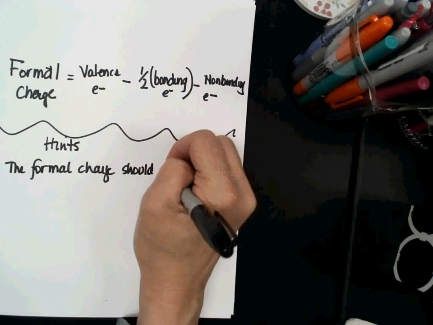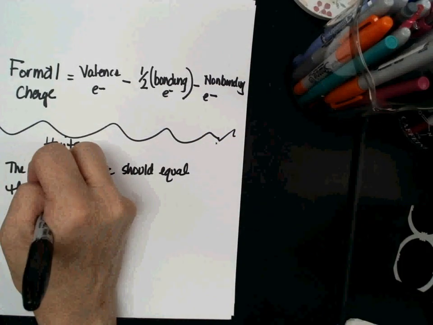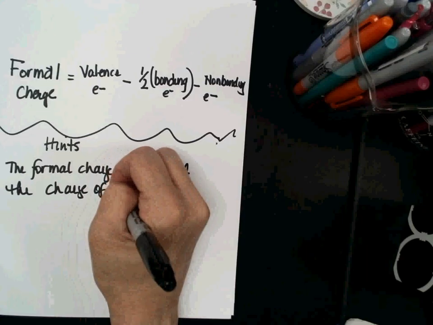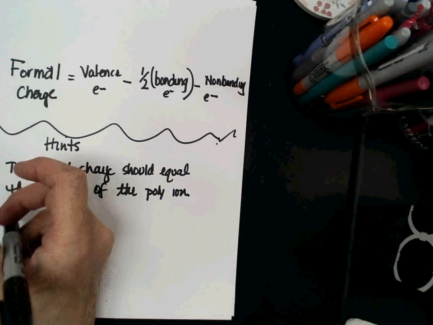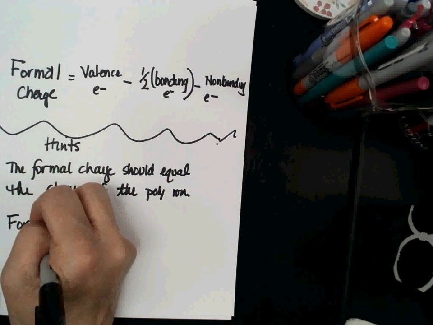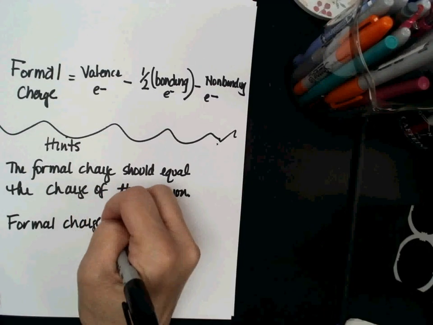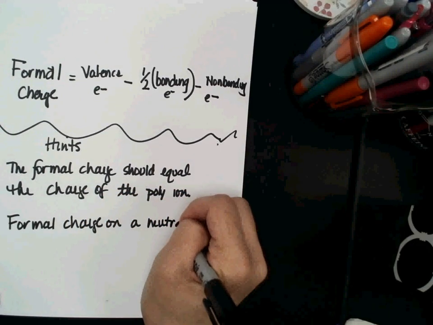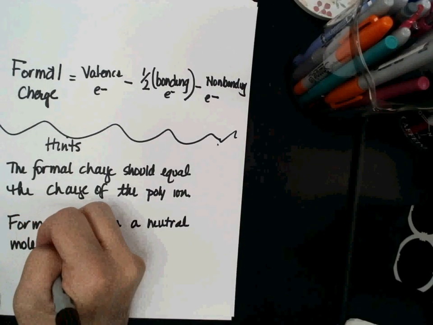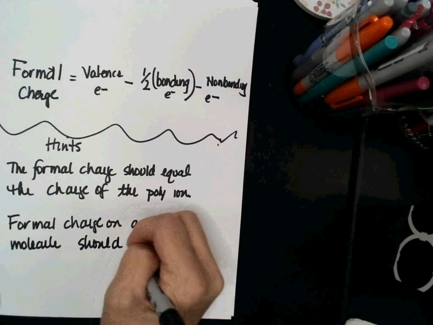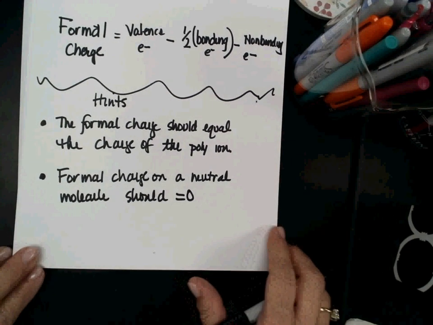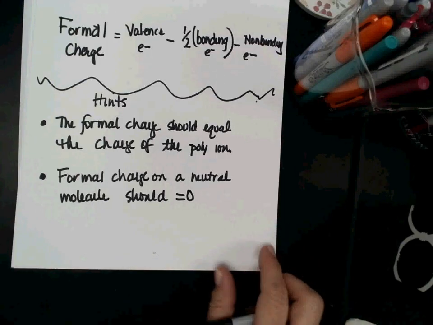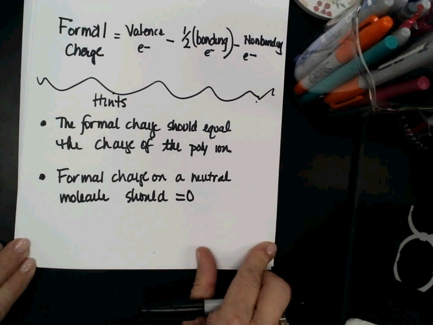The formal charge, if you do this correctly, should equal the charge of the ion, and the formal charge on a neutral molecule should equal 0. So those are some things to help you out a little bit.